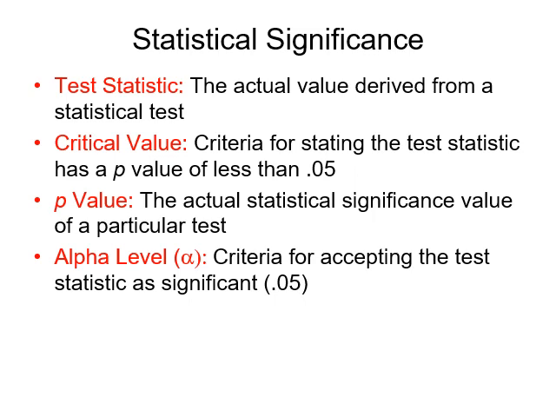The critical value is the criteria for stating that the test statistic has a p-value of less than 0.05. So it's based on those probability tables. The p-value is the actual statistical significance value of a particular test. So for example, if I find that my test statistic is high enough that I have met the critical value for a p of 0.01, I could report p of 0.01.